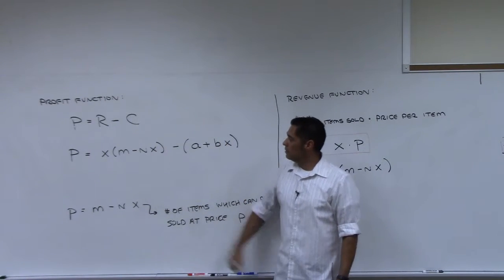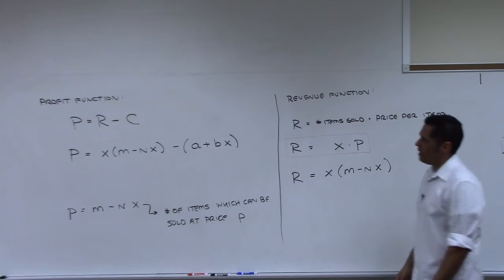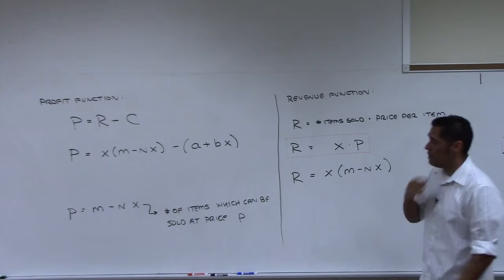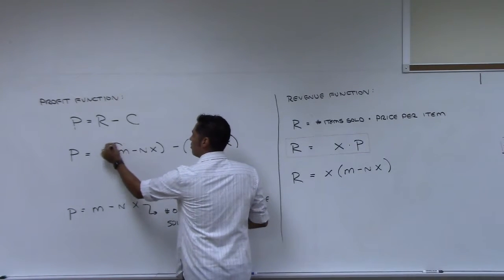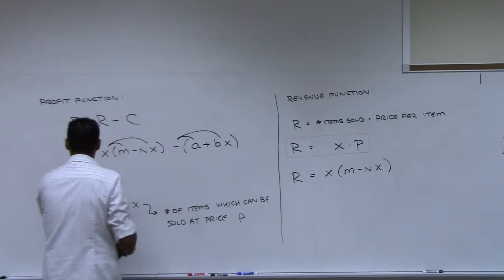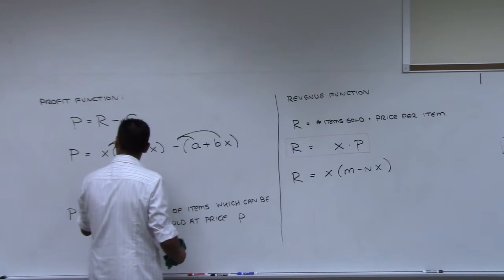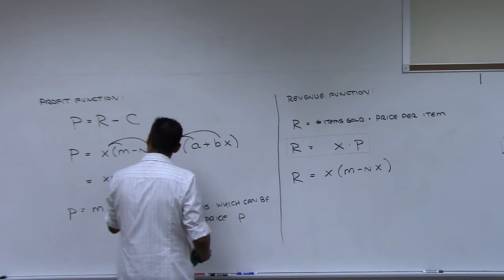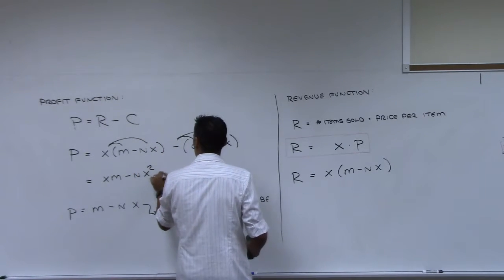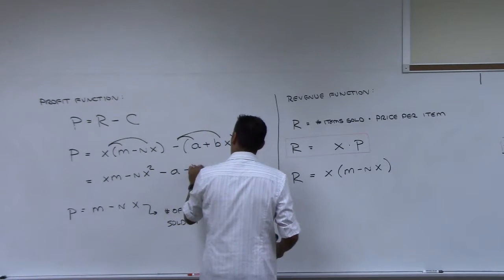Okay, now we need to step back and take a look at that for a second. Let me clear the parentheses. That means let me distribute the x through, let me distribute the negative through, and we'll take a step back and look at this. Xm minus nx squared minus a minus bx.